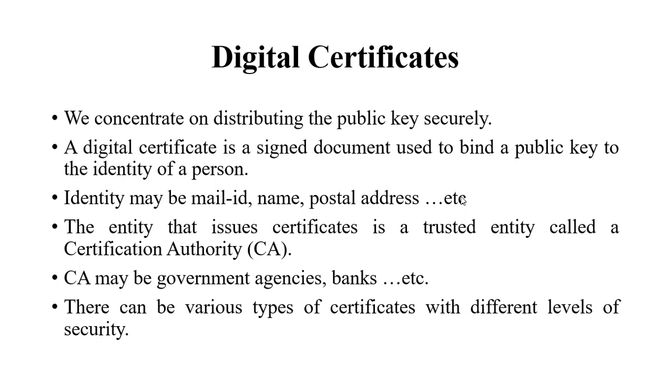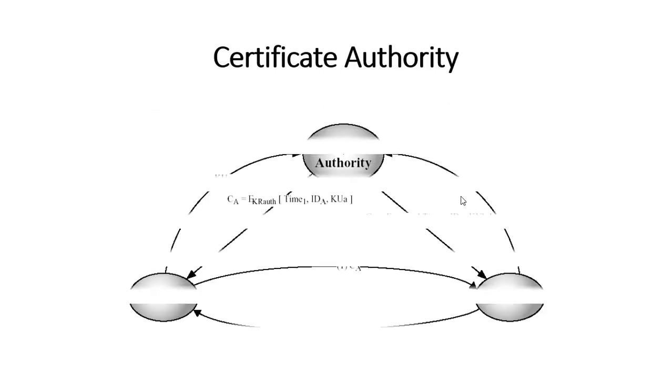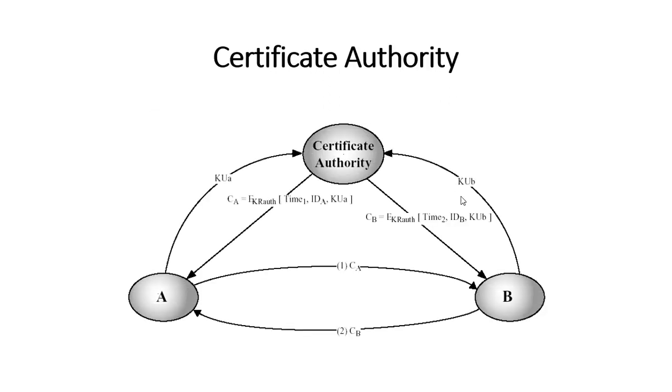And the entity that issues the certificate is a trusted entity and it's called the Certification Authority, CA. These CA may be government agencies or banks, and the certificates can be of different types for different levels of security.